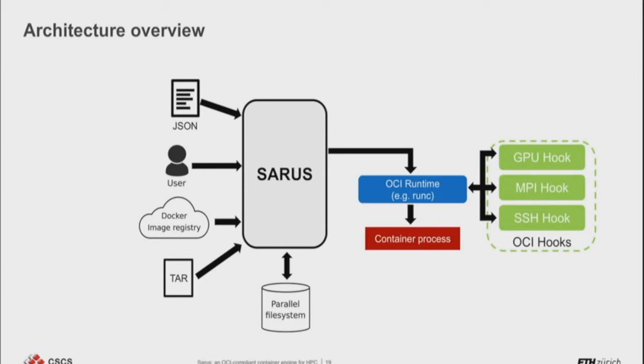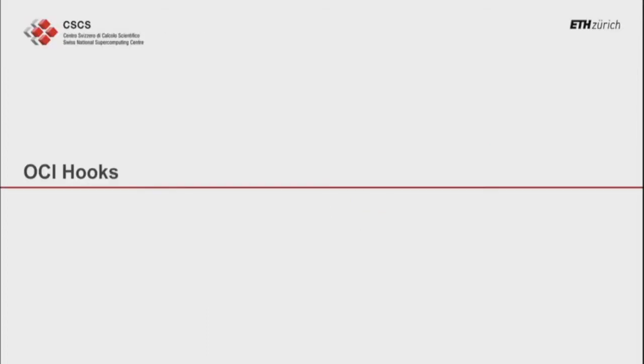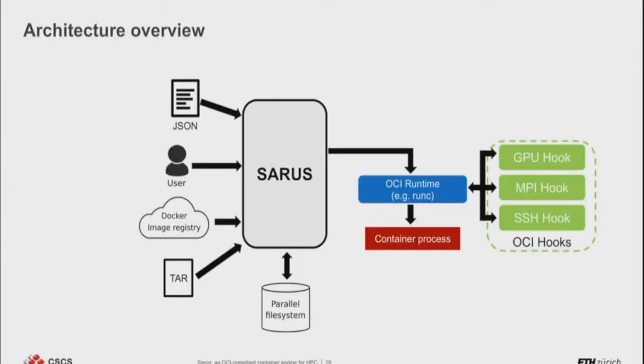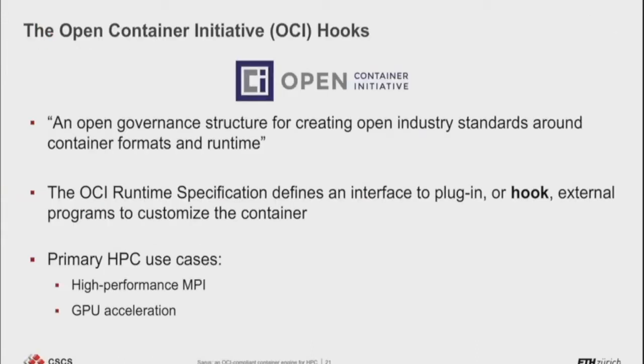So, for example, our hope is that hardware and technology vendors will pick up and provide these specific extensions for their technology in order to have them work within containers, with the maximum return for the minimum effort, both for HPC centers and the users. So, of course, the primary use case for these plugins is high-performance MPI and GPU acceleration.